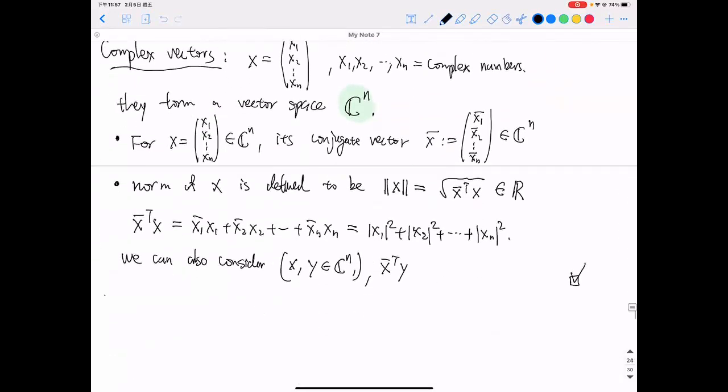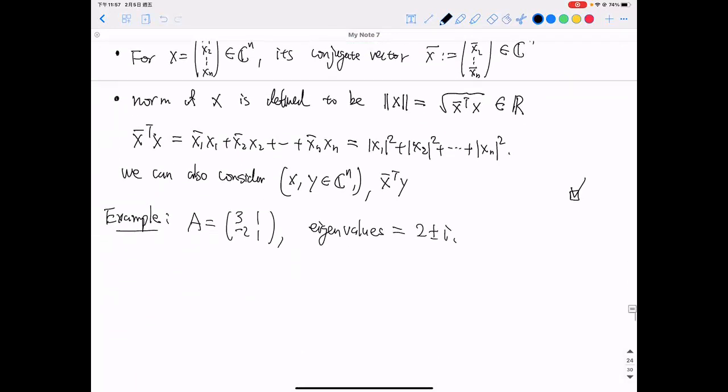All right, so going back to the previous example, A is 3, minus 2, 1, 1. The eigenvalues are, as we found them already, 2 plus or minus i. Now let's solve for the eigenspace.